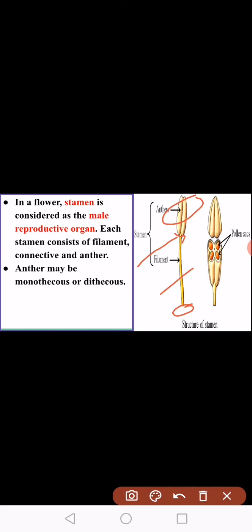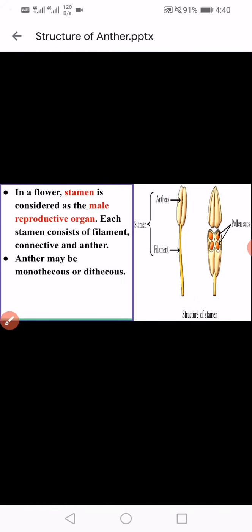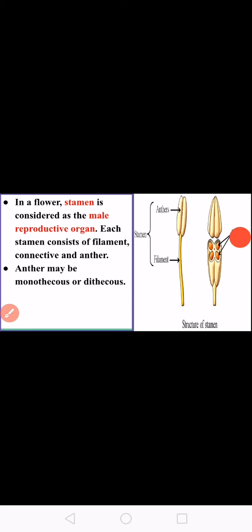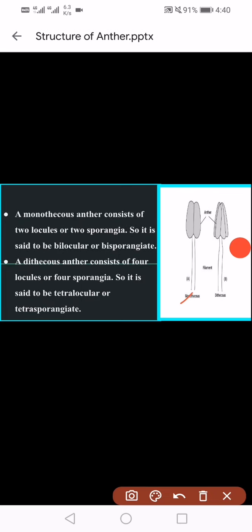Okay. So now the anther may be monothecous or dithecous. Now what do you mean by monothecous and dithecous? This is the picture of a monothecous and dithecous anther. In a monothecous anther, the anther consists of two locules or two chambers.